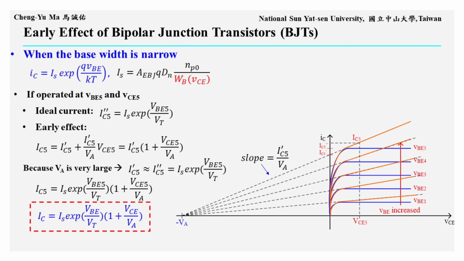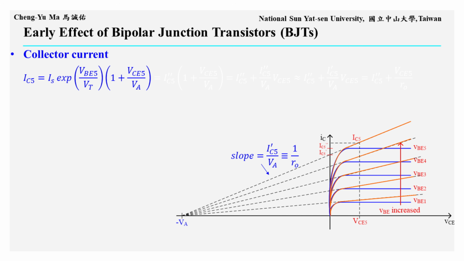Finally, we obtain the collector current equation of a BJT with the early effect. IC equals IS multiplied by the exponential of VBE over VT, then multiplied by the quantity 1 plus VCE over VA. In this equation, VBE over VT is inside the exponential term, and the second bracket, 1 plus VCE over VA, is the early effect correction term. Here, IS is the ideal IS without the early effect.